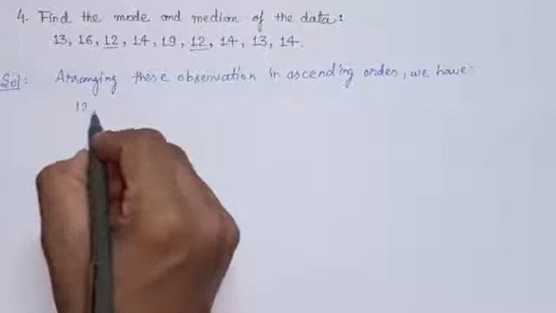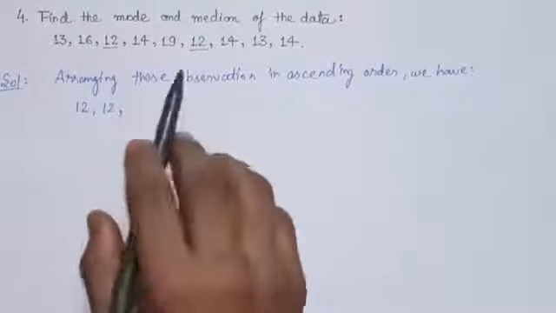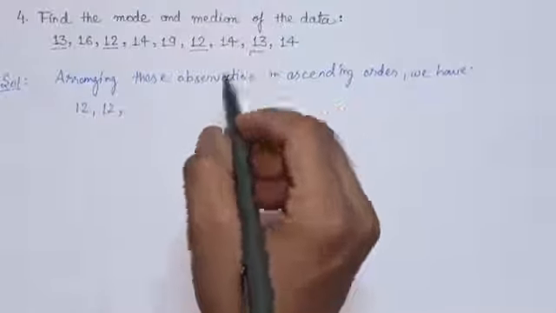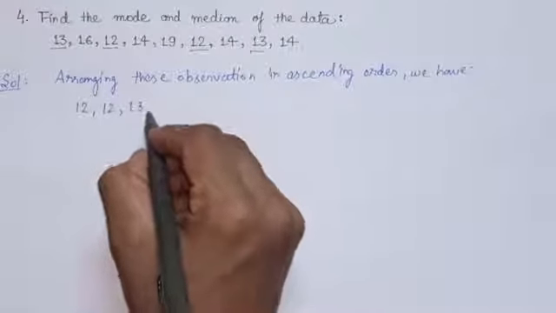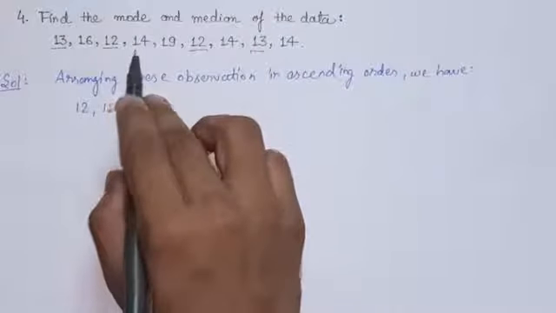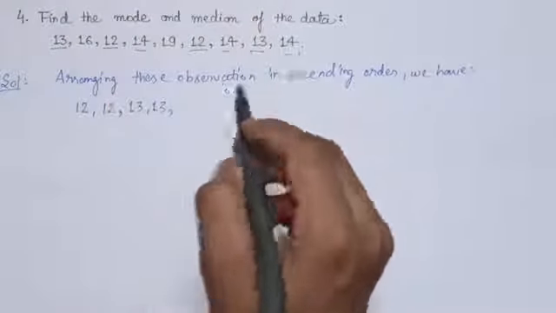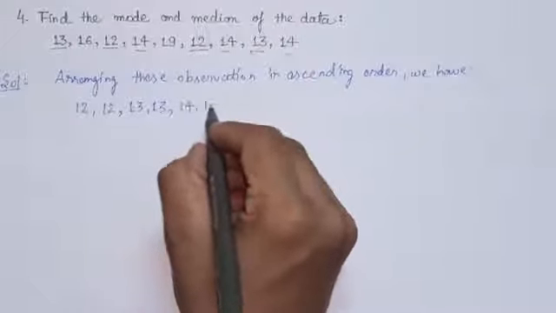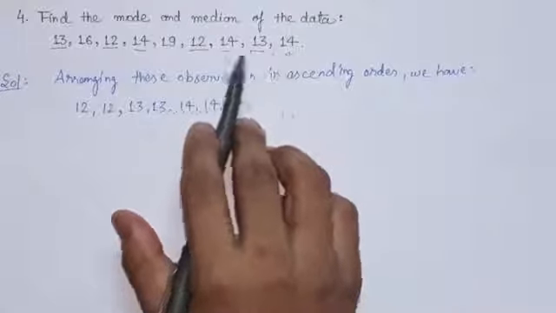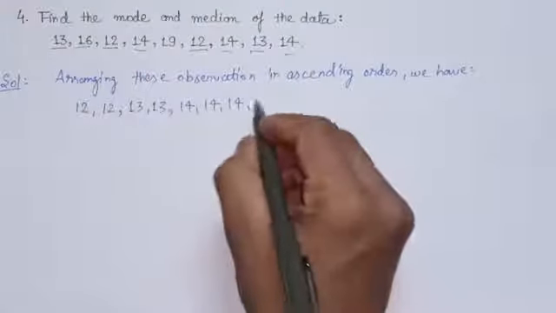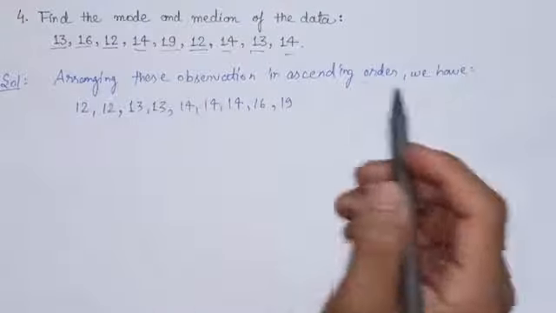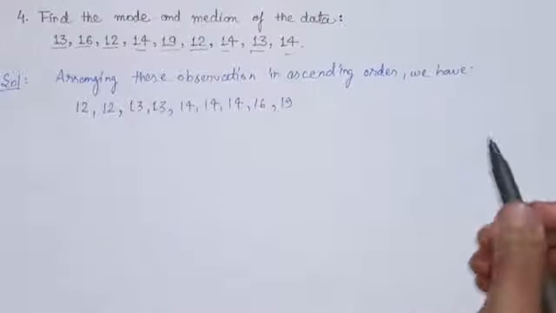So let us write 12 2 times. After 12 it comes 13, so 13 here and here, 2 times. And after 13 it comes 14, so 14 here 1, 2 and 3 times. And after 14 you can see 16 and after that 19. So we have arranged these observations in ascending order.